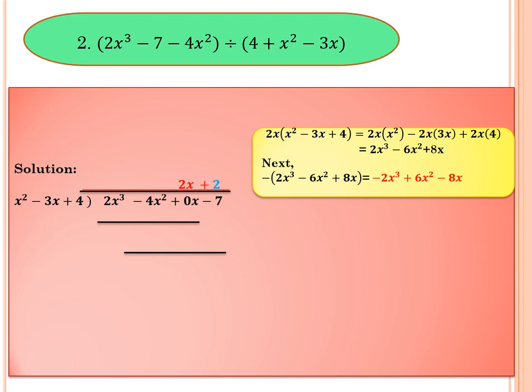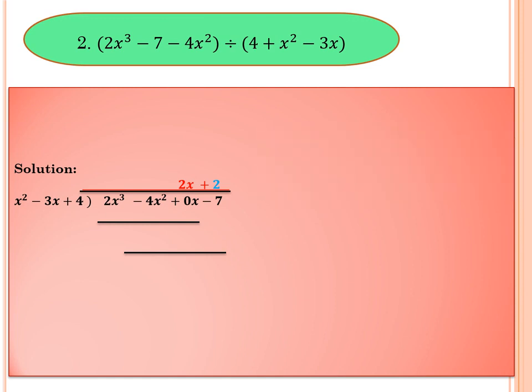So that's why we have negative 2x cubed plus 6x squared minus 8x. So this would be our new subtrahend. So this is it, the color red. Then the operation now would be addition. So to add this one, we will get this one.